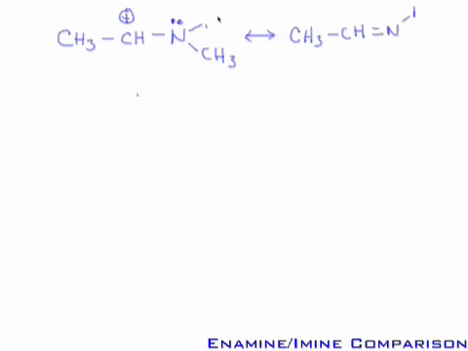And I'm going to change the H to an R group. So we're looking at the very last step of our reaction mechanism. And we have these resonance structures. Now what's interesting is the next reaction is minus H+. That happens in both enamine formation and imine formation.